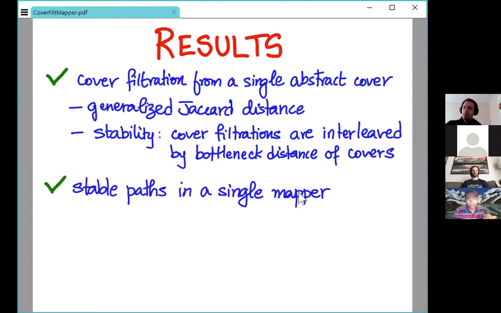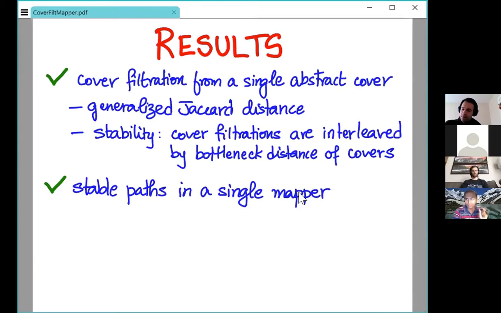But we are also then able to study stable paths. So once we have the stability result, let's say we want to look for those kinds of features in the 1D mapper, paths and flares and loops and so on. We define and study a notion of stable paths in just a single mapper, rather than looking at a sequence of mappers. And the notion of stability we want to capture is this strength of overlap.